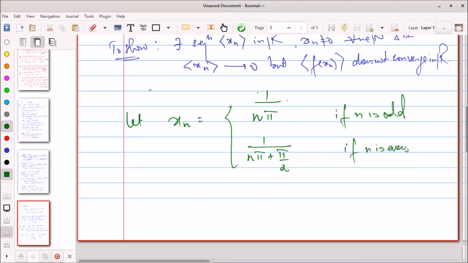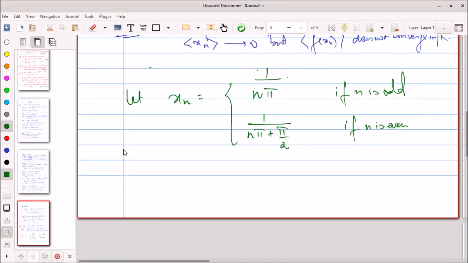So this is how we are taking x_n: this we deduce from y_n and this we deduce from x_n. So we are constructing a sequence x_n such that x_n is equal to 1/(n pi) if n is odd, and x_n is equal to 1/(n pi plus pi/2) if n is even.